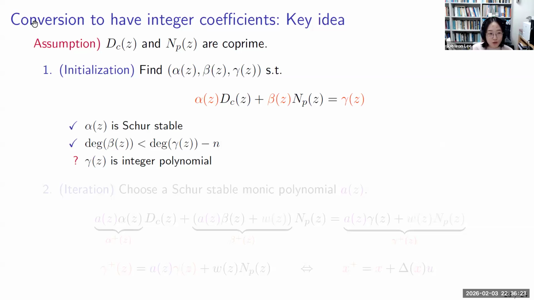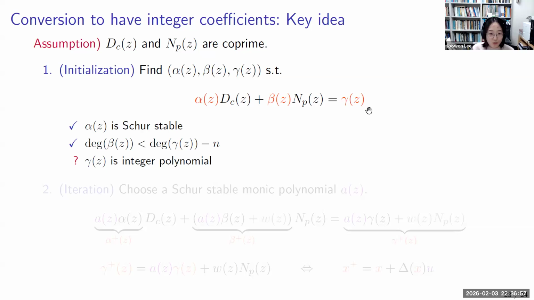To solve this problem, we have a mild assumption that D_C, the denominator of the pre-designed controller, and N_P are coprime. And analogously to the previous solution, we first initialize alpha, beta, and gamma so that they satisfy this equation, alpha is Schur stable, and the degree constraint is satisfied.